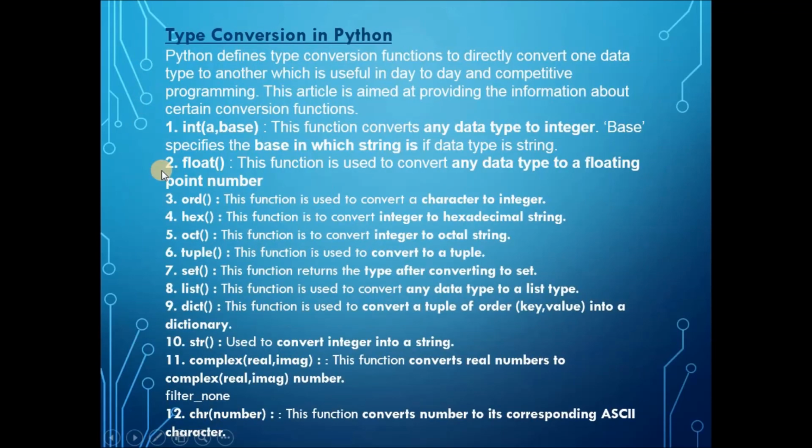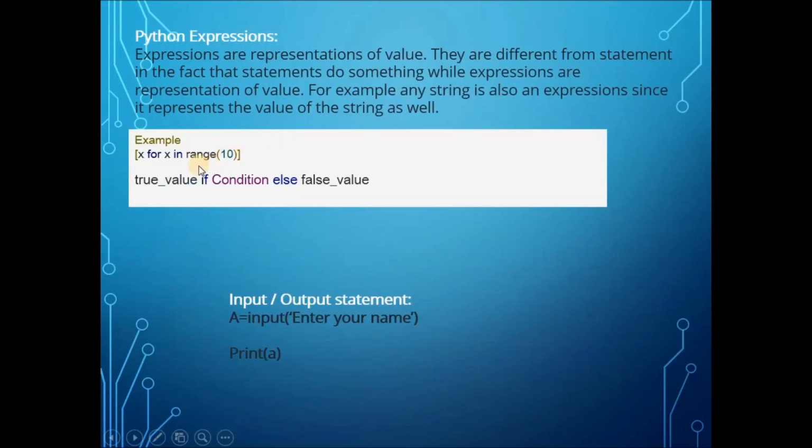Another example given here: true value if condition else false value. If the condition is true, the true value will come, else the false value will come. This is an expression. When you start programs practically, you will automatically understand and your doubts will clear.